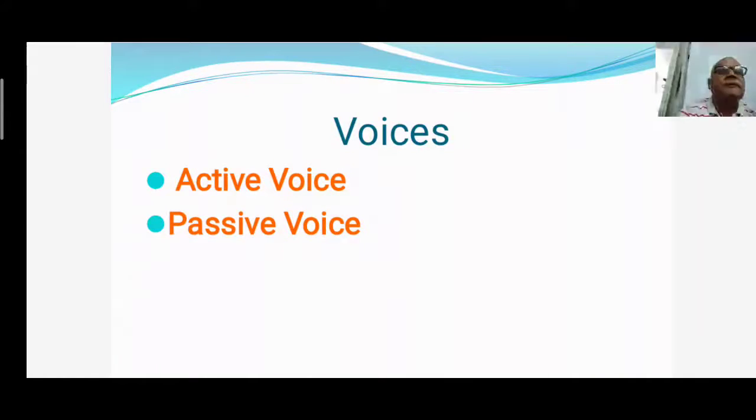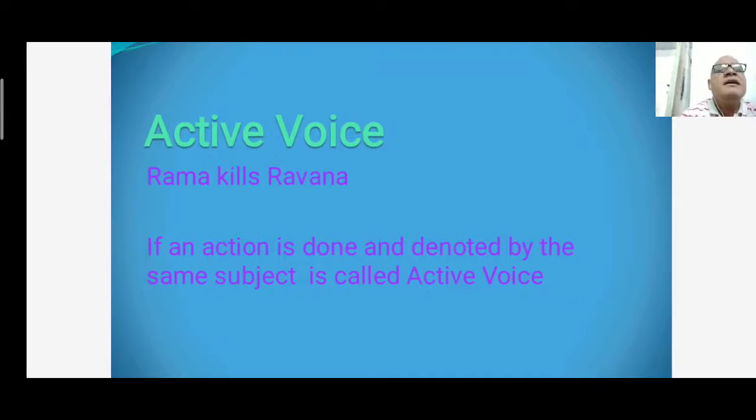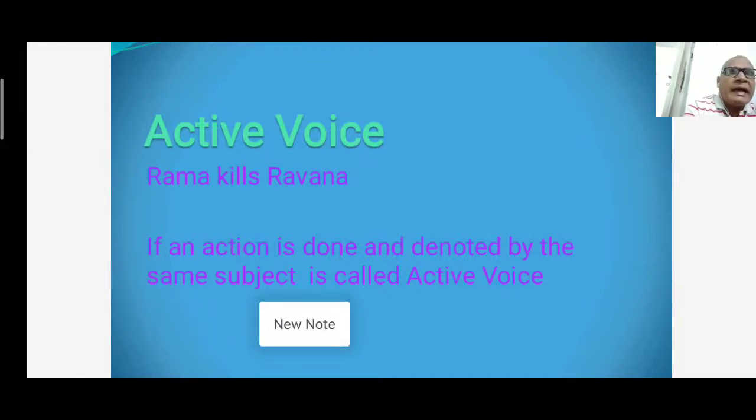Now, voices are of two types: active voice and passive voice. Active voice is a sentence in which the action is denoted by the subject. The subject, the doer and the agent of an action are one. Such a sentence is called active voice.